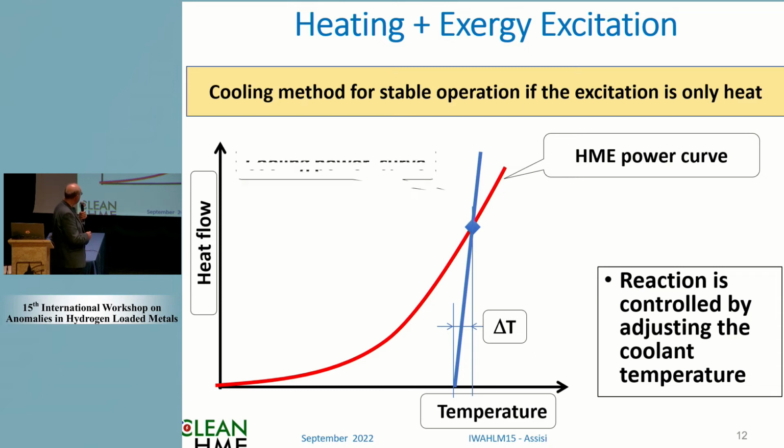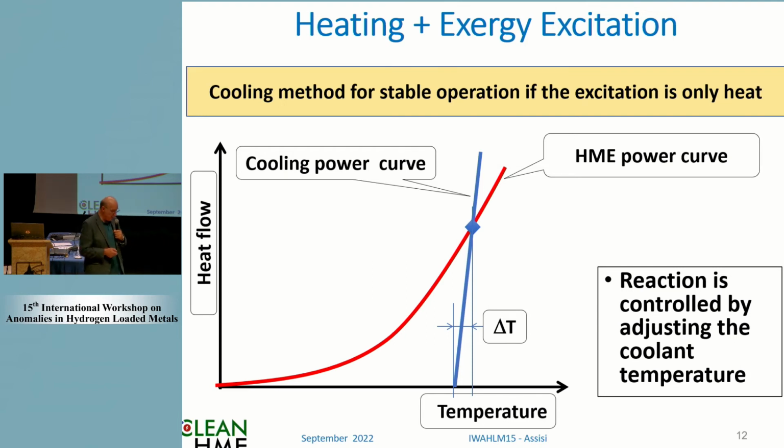It means you have to cool the system with a hot fluid. You don't cool it with cold water. We cool it with a very hot fluid, almost at the same temperature as this reactor. And if you look at my past publication, you will find why it is stable in this case.